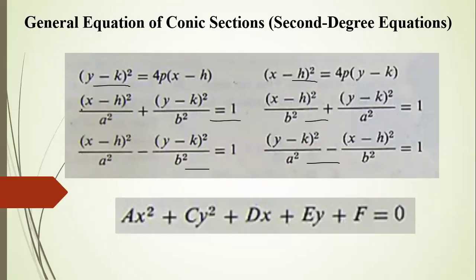So, if we were to rearrange any one of these formulas, it would give us this general equation of conic sections, which is ax squared plus cy squared plus dx plus ey plus f equals 0.